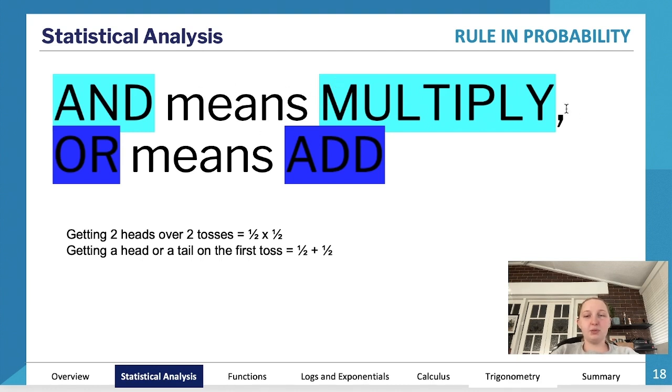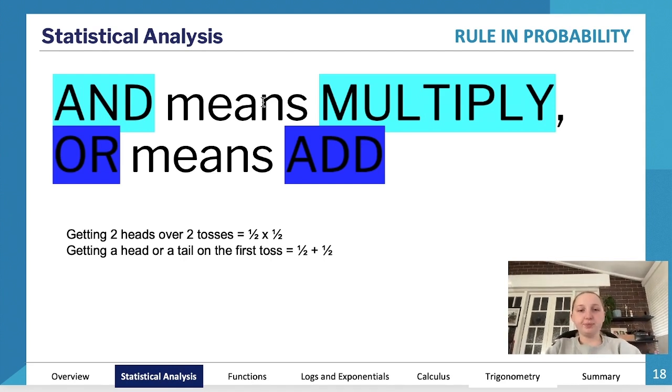Okay, so multiply your probabilities or add your probabilities. This rule obviously is for multi-stage events, so you'd only do this if you've got 2 events occurring. Because otherwise, if you only have a single stage event, you only have 1 probability, so you can't multiply or add anything. But yeah, please just take this away and you'll be so set for statistics.